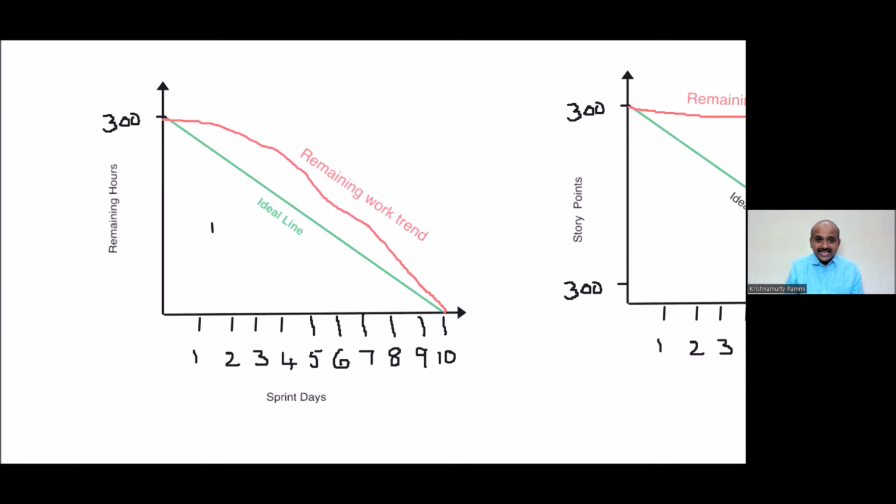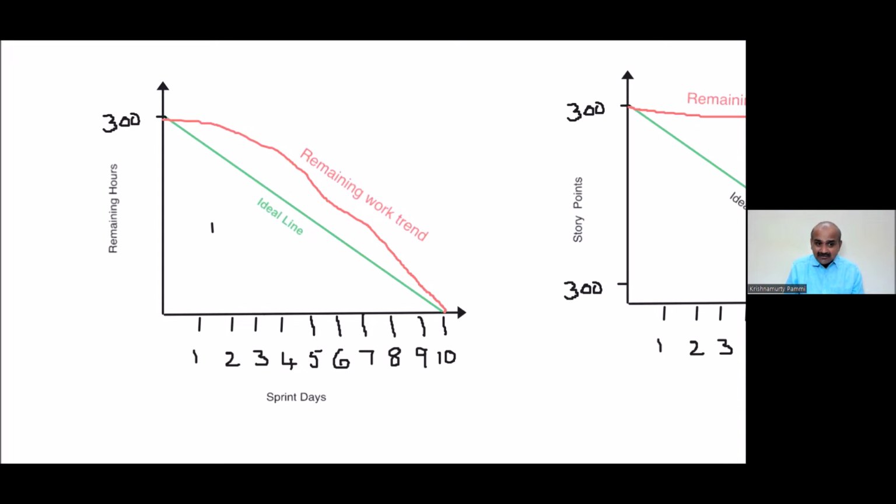If you take a burn-down graph in a sprint, on the x-axis you will have the time units, which is the sprint days. Generally, if we take a 2-week sprint, it will have 10 days: first day, second day, third day, likewise 10 days. That's why the sprint days will be on the x-axis.